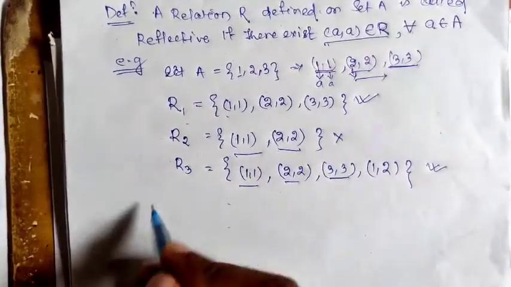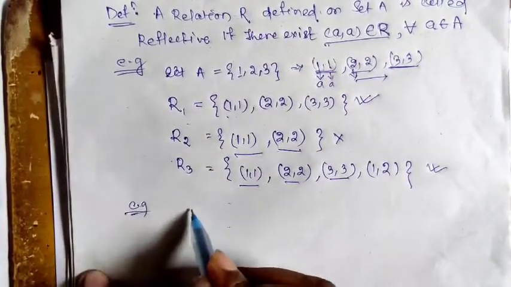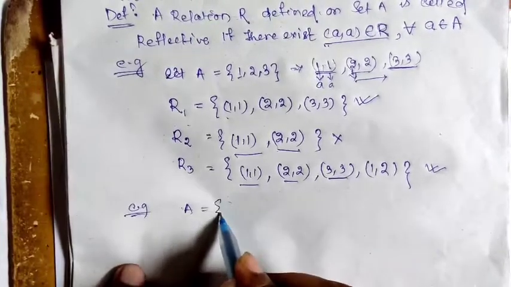Again, let's consider a second example. Let set A consist of elements 1 and 2.